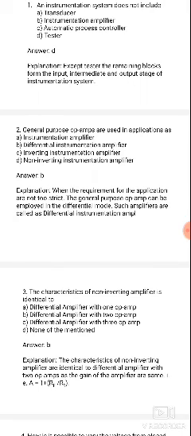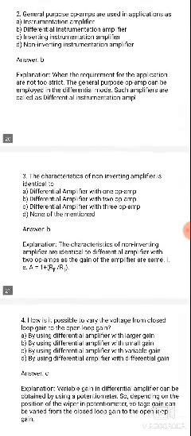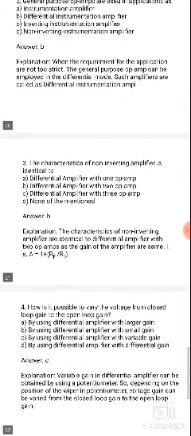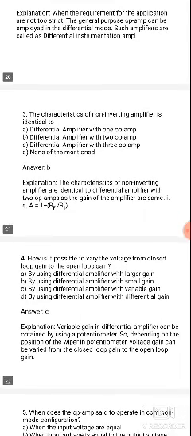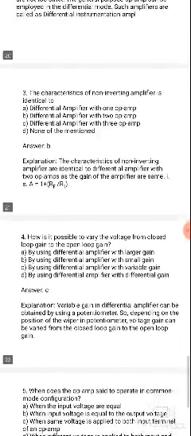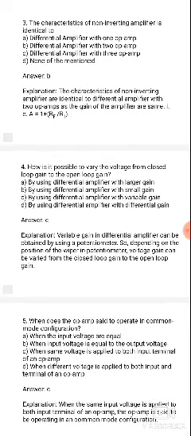For a differential amplifier with two inputs, the gain A is equal to 1 plus RF by R1, where RF is the feedback resistor and R1 is the input resistance. How is it possible to vary the voltage from closed loop to open loop? By using a differential amplifier with variable gain, we can vary the gain from closed loop feedback to open loop gain.